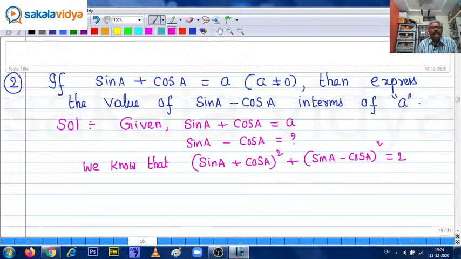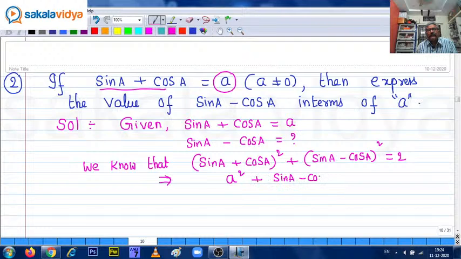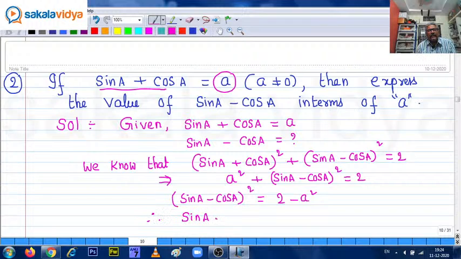Now the sin A plus cos A is equal to A. Substituting, A square plus sin A minus cos A whole square equals to 2. Transpose A square that side. So sin A minus cos A whole square equals to 2 minus A square. But we need sin A minus cos A. Therefore sin A minus cos A equals to root over 2 minus A square. This is plus or minus. This is the answer.